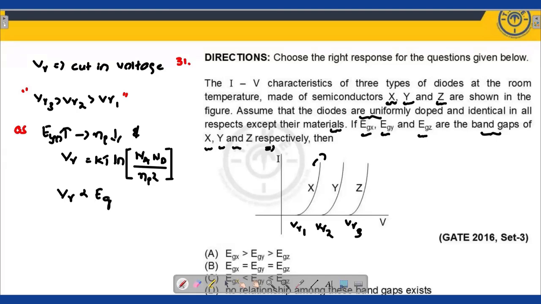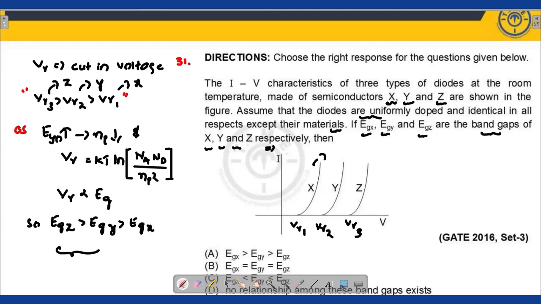So very important itself is that, see, when there is a direct proportionality in terms of EG also, so EGZ is greater than EGY is greater than EGX, because this is the third one. Third indicates Z term, two indicates Y term, one indicates X term.